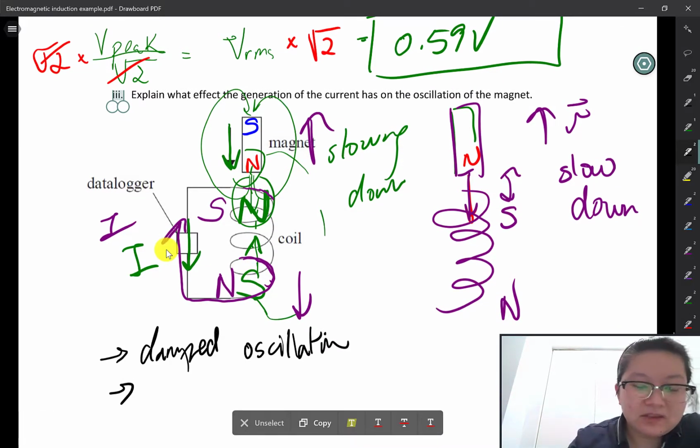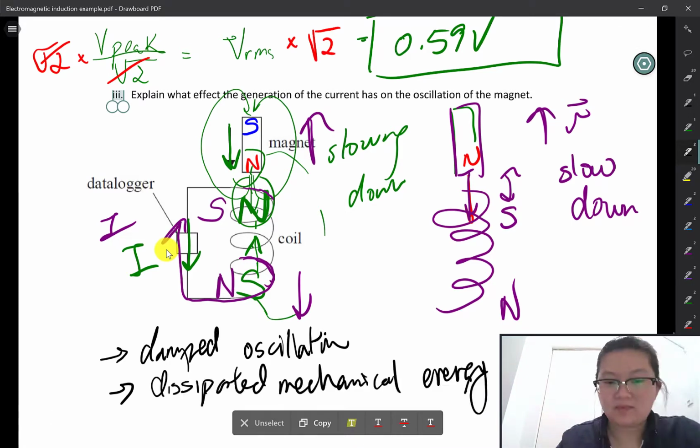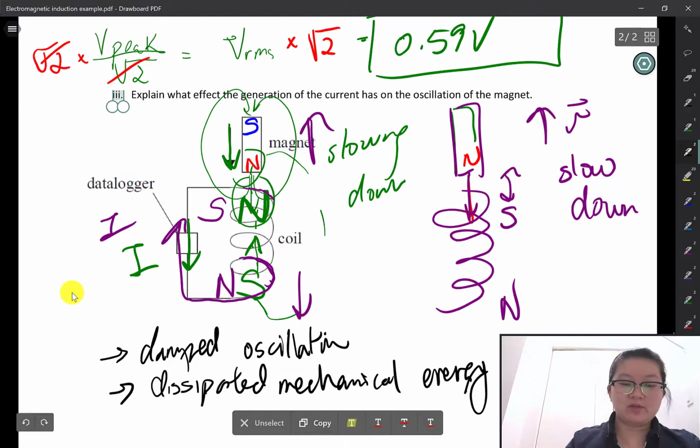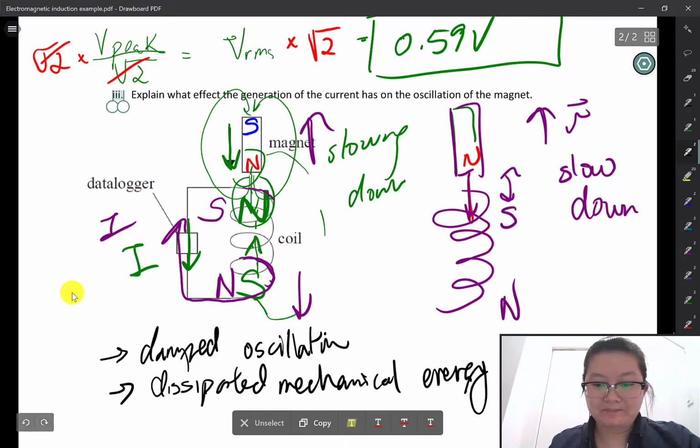So it's dissipated as energy in the coil due to the current produced, and because of that, the magnet is going to slow down over time.